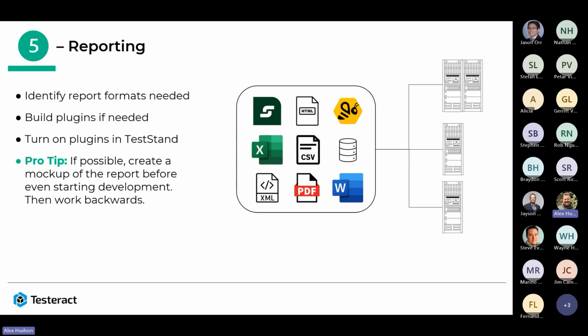And so if you can give them the report before doing any of the other development, they will have an idea of where you're going to go, and you can work backwards. So pro tip, if possible, create a report beforehand, before starting, and then you can work backwards to get all of that data. So they don't pull a switcheroo on you and say, actually, we want this all in a database. So any questions about that?